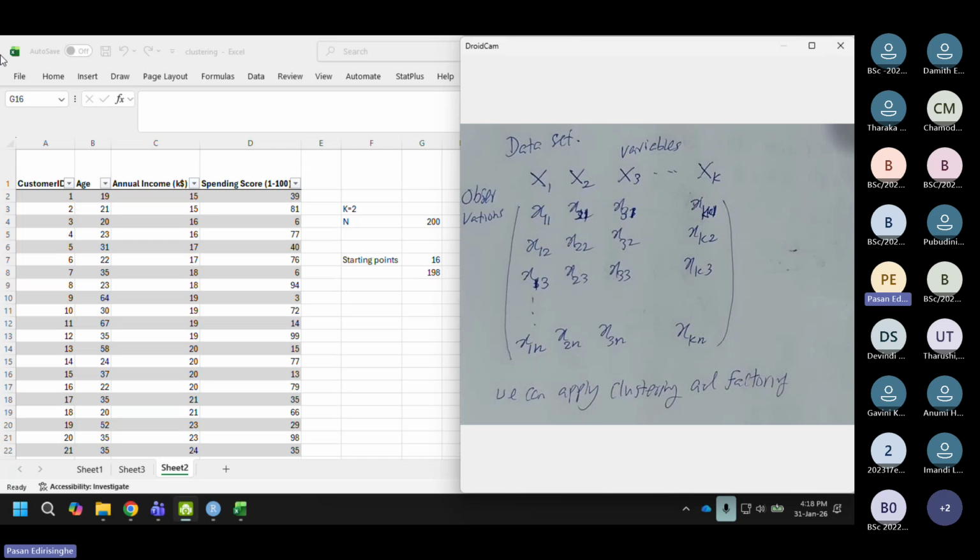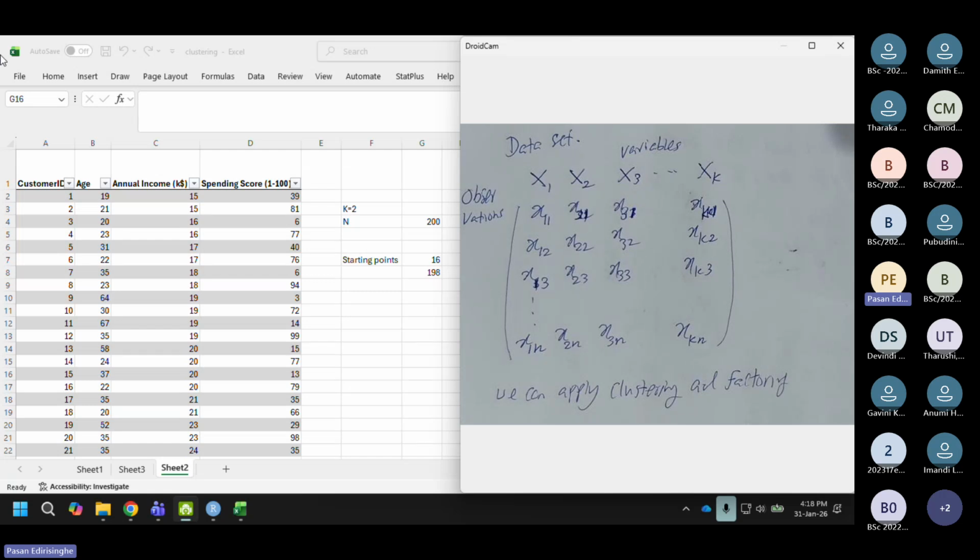But we cannot just drop some. We need to identify some properties and group them. So our target is to identify certain properties and group these variables together. That's the concept of factoring.